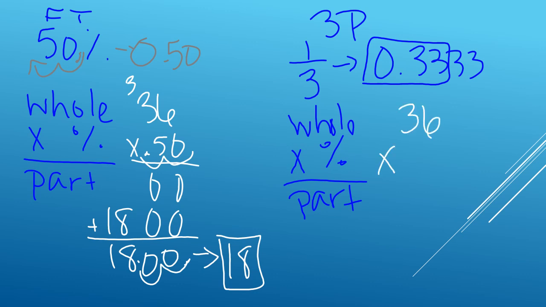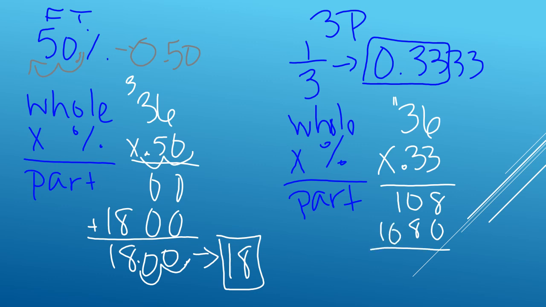So again, 36 times 0.33. 3 times 6 is 18. 3 times 3 is 9 plus 1, so that's 10. Add the 0. 3 times 6 is 18. 3 times 3 is 9 plus that 1, that is 10. Go ahead and add that up: 1188.